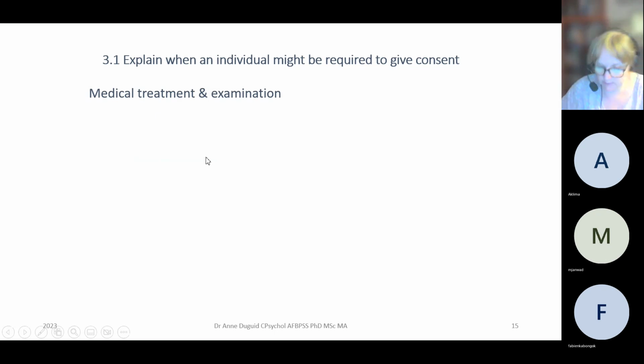So when are we doing it? Well, medical treatment and examination for sure, okay? If you're going to give anyone medication, if you're giving people injections, if you're going to be giving them any sort of physical exam, they will have to give consent.